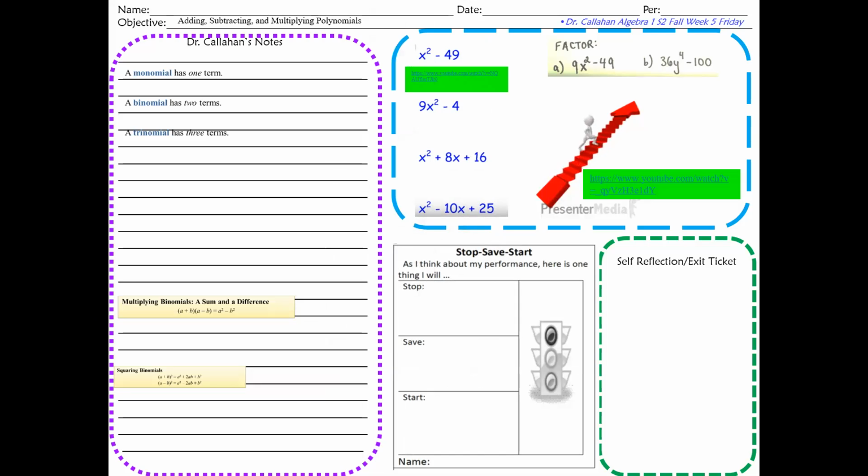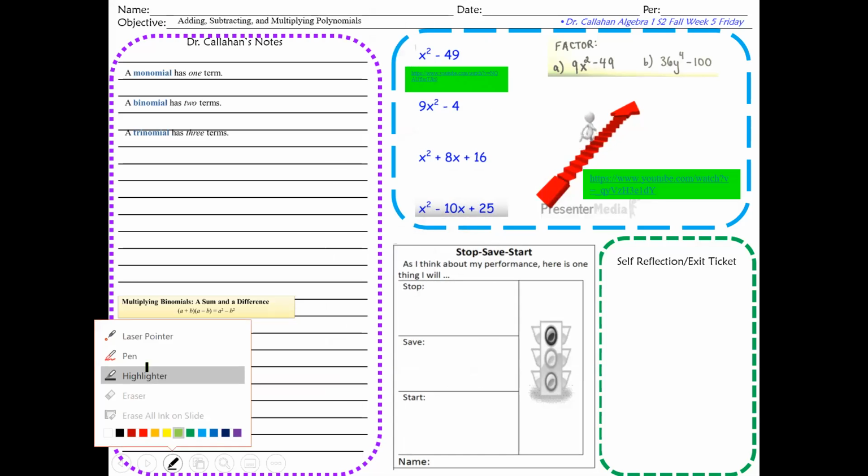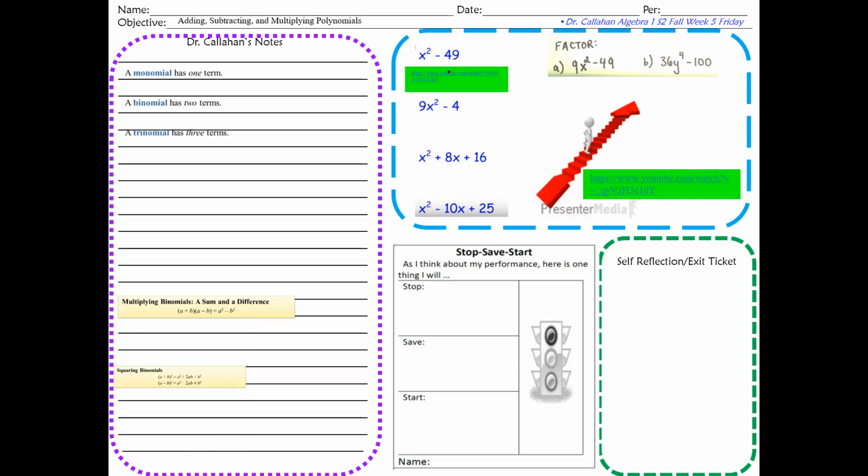All right, let's go ahead and take a look over here on the right side. Last time I told you guys about special cases of factoring. If there's only a binomial here like this, notice how these are perfect squares.